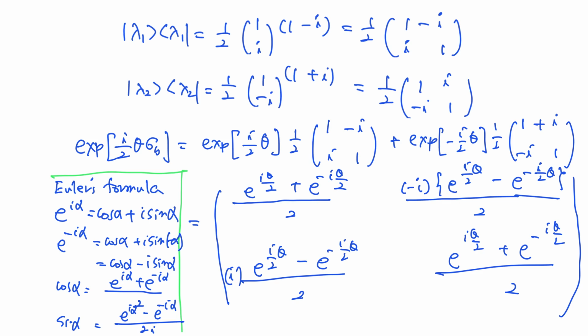So if you are familiar with Euler's formula, then this is the basic formula. Exponential i alpha is cosine alpha plus i sine alpha. Probably this is the only formula you have memorized. It's going to be very useful later.